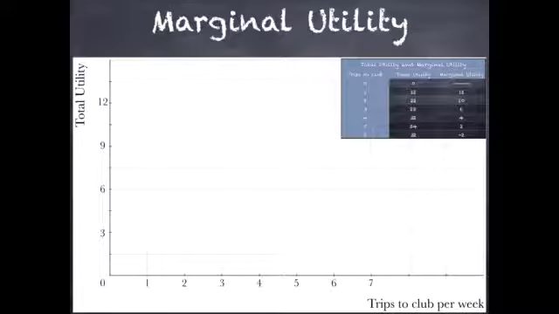Now we can take that information and graph out what marginal utility looks like. We're going to use the number of trips to the club and graph that against the marginal utility. Here, this is just the information from the table that we had. All we're doing is graphing trips to the club against marginal utility.